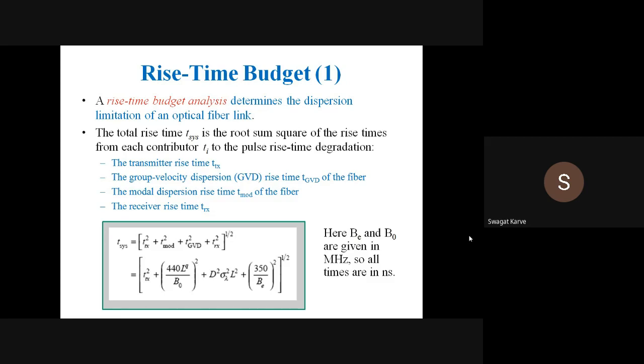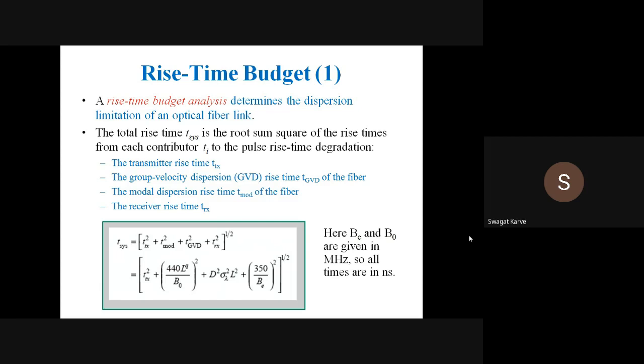So what are the factors that we should consider in this rise time budget? You have to consider the transmitter rise time, that is Tx. Then you have to consider the group velocity dispersion rise time. Then the modal dispersion rise time of the fiber, and finally the receiver rise time.